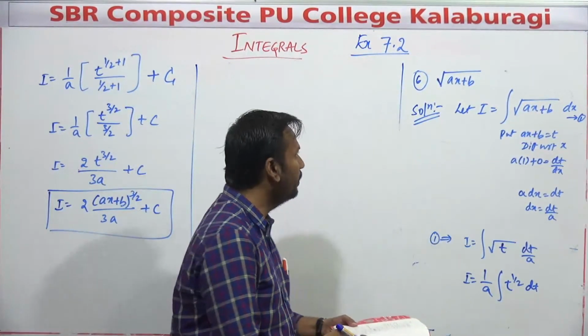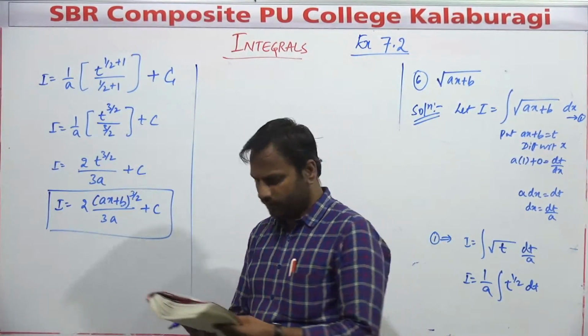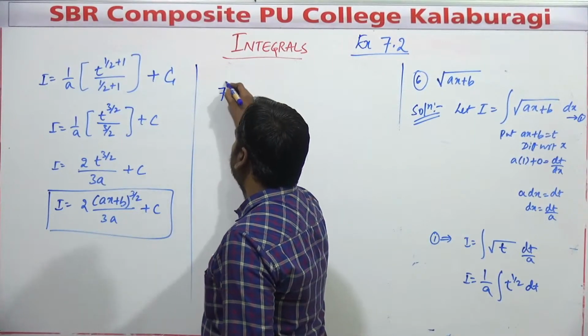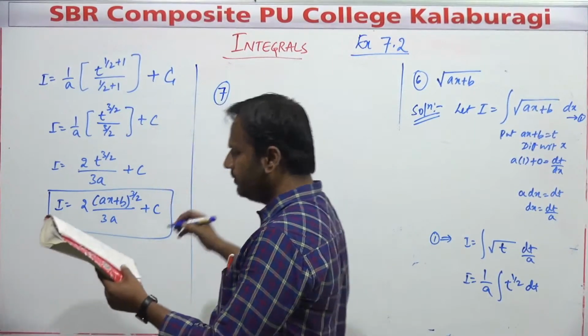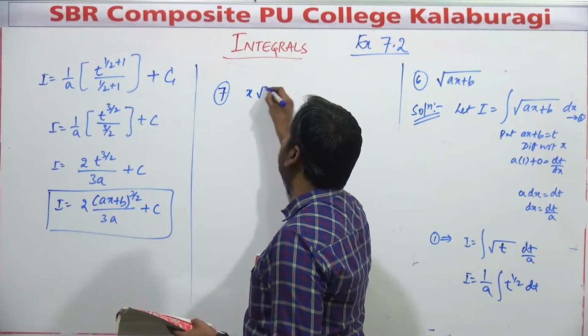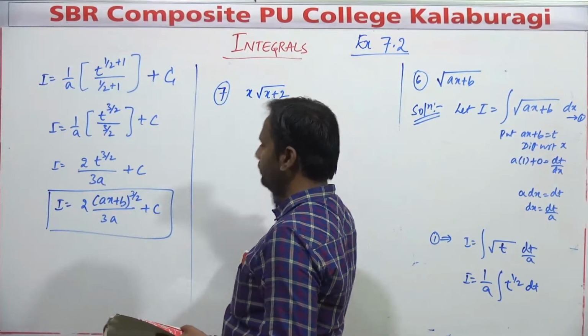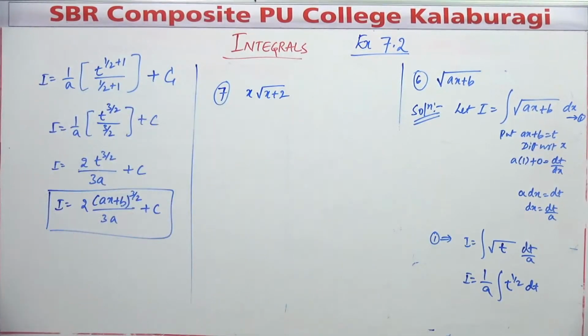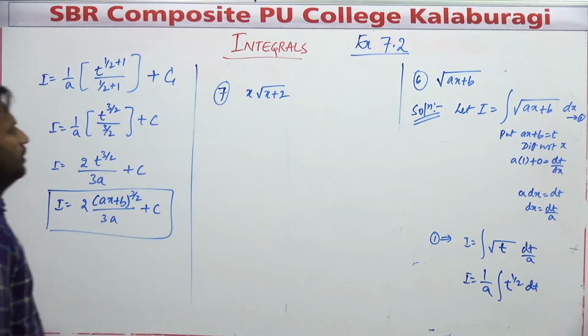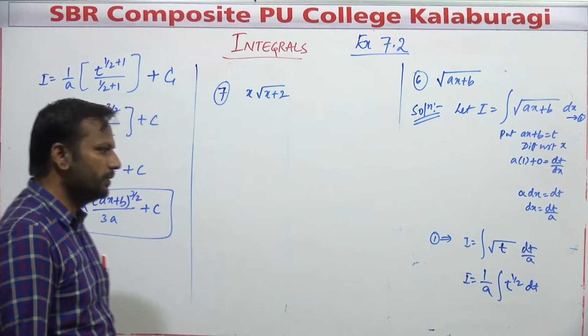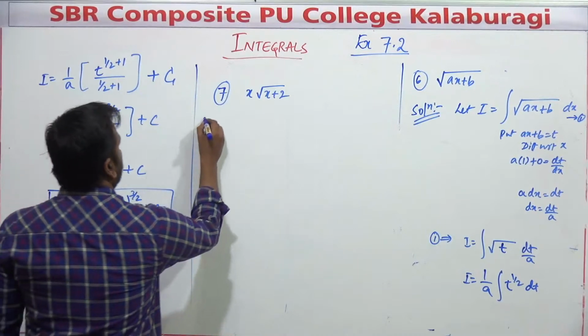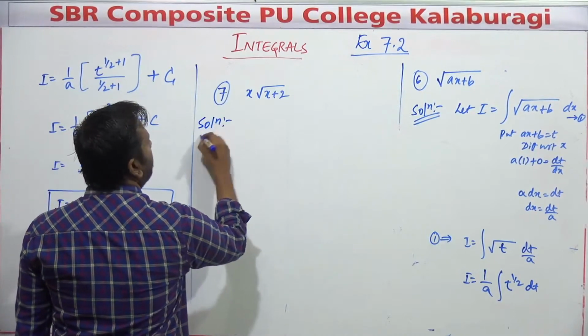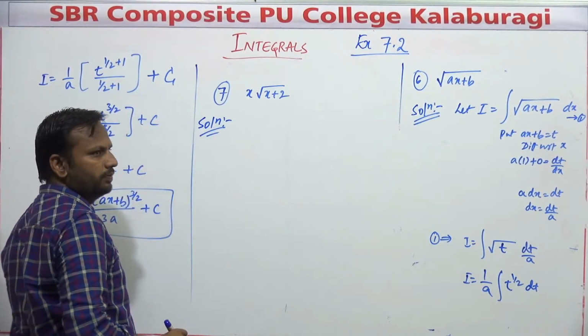Which problem did we do now? Sixth one. Now let us do the seventh one. What is the seventh problem, son? X times root of x plus 2. Integrate x times root of x plus 2.